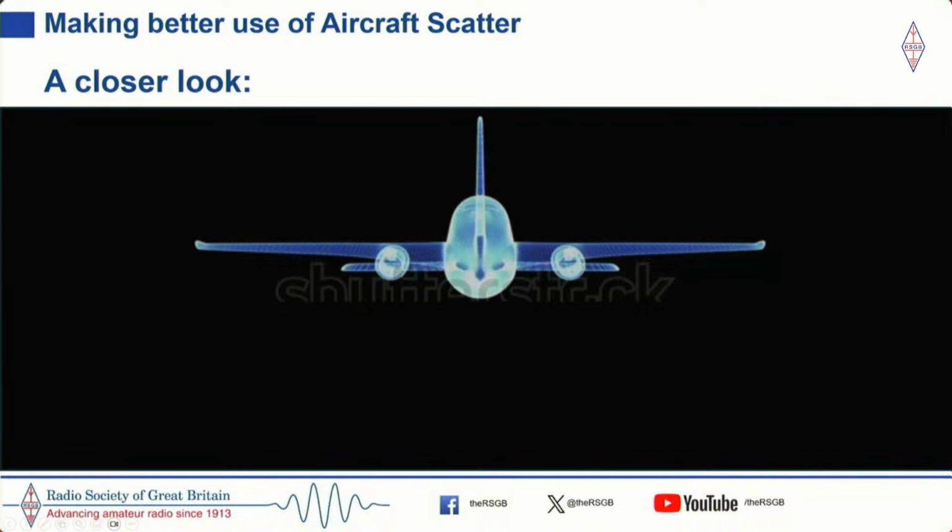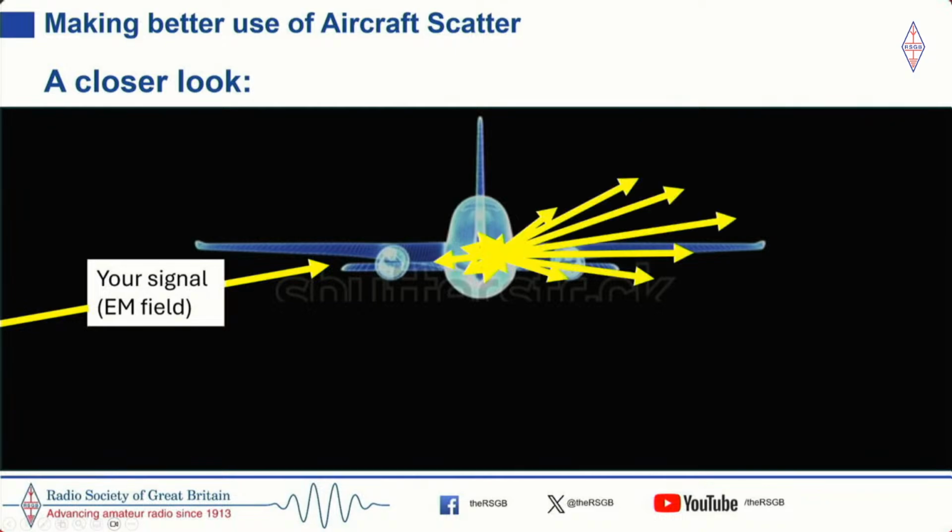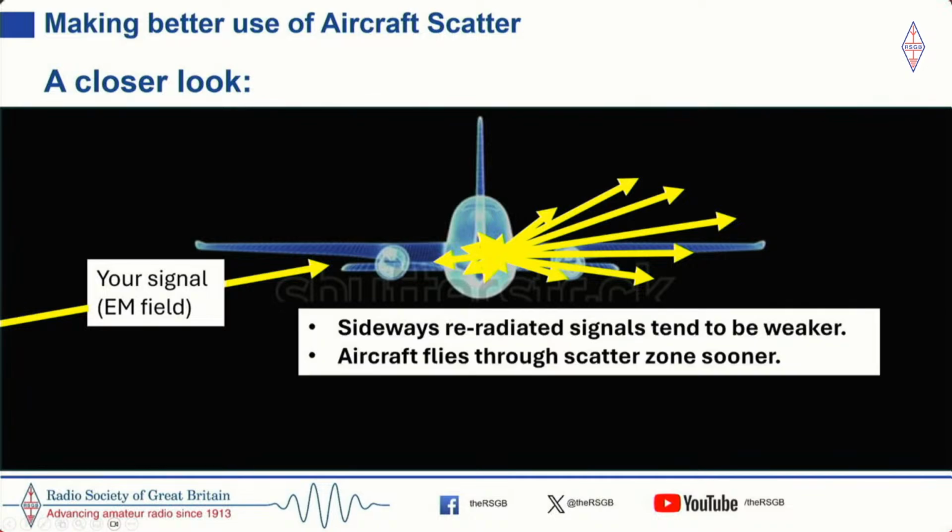But let's have a look here at the aircraft, same aircraft, illuminated this time from below and to one side. And what happens then is same thing, but less strong. And the other thing is that when an aircraft is flying crossways to the signal path between the two stations, it remains in the scatter zone for a much shorter time before it pops out the other side and the signal disappears.